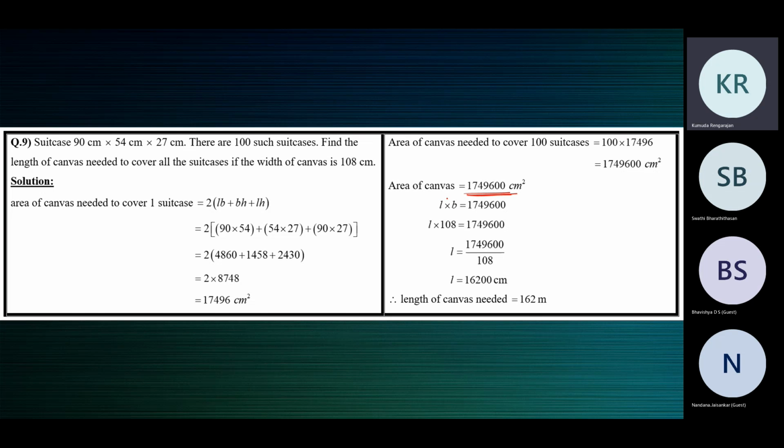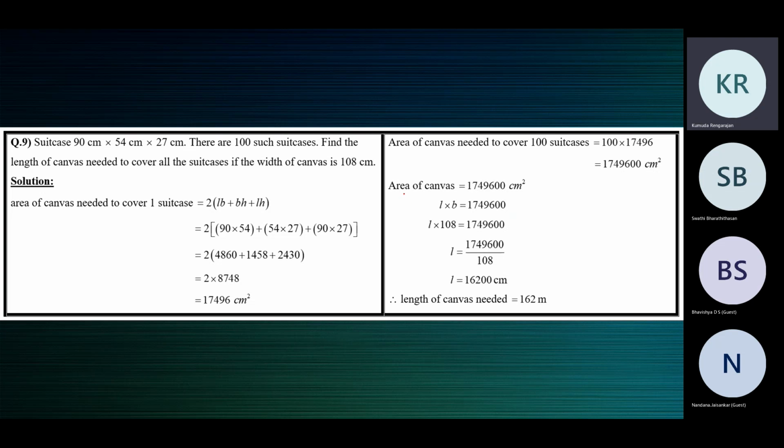So that means L into B, the length of the canvas into the breadth of the canvas, should be equal to 17 lakhs 49,600. This is the total area of canvas needed. Since the canvas is rectangular in shape, when you buy any fabric from the market, it will be a rectangular piece.